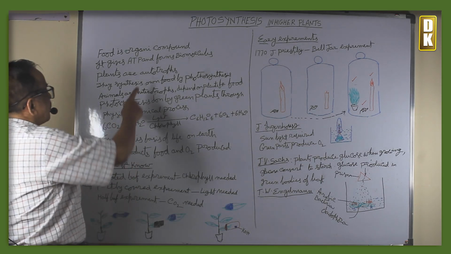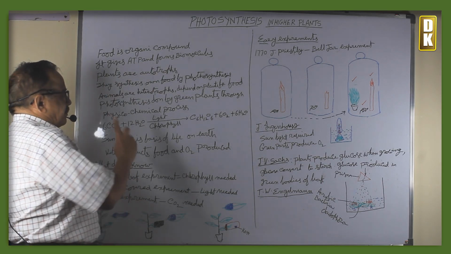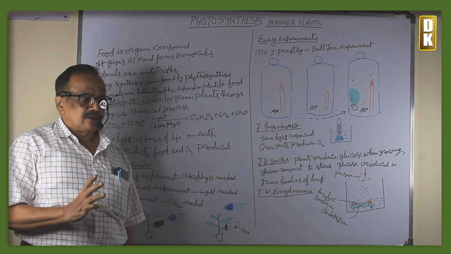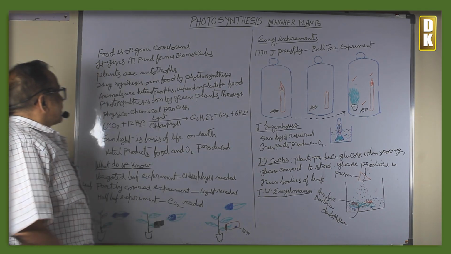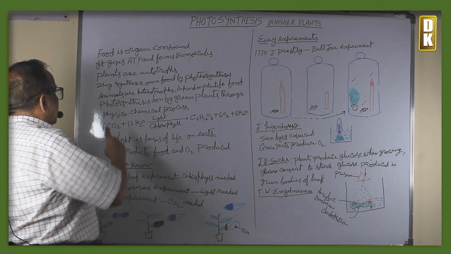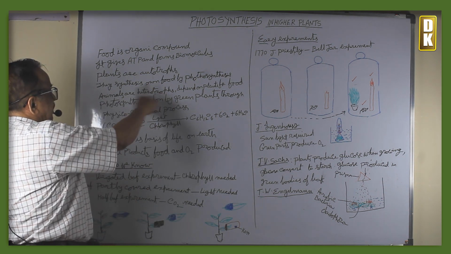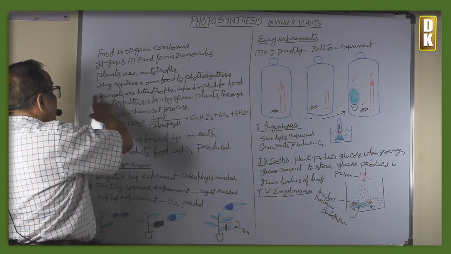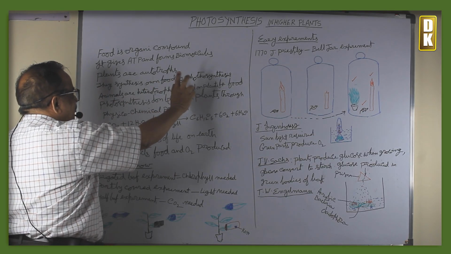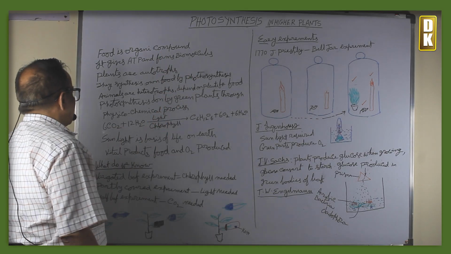Since plants prepare their own food material through the photosynthesis process, they are called autotrophs. They synthesize their own food by photosynthesis.